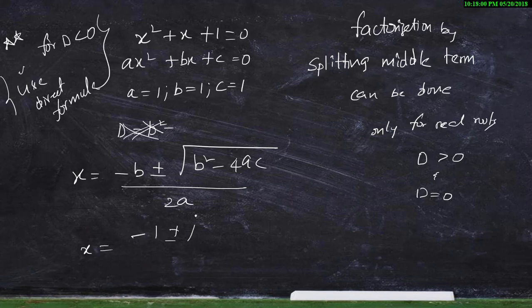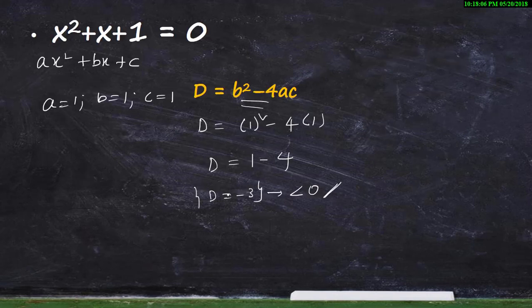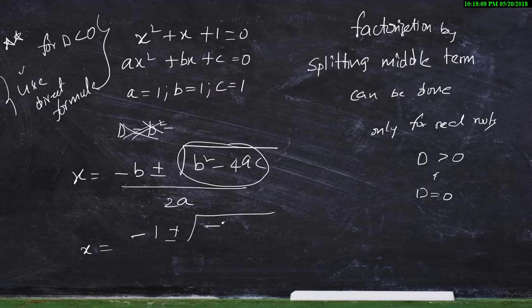Plus or minus root of b squared minus 4ac value, whole term. I think this value we already found here, -3, by 2 into 1. That means we are getting -1 plus or minus root of -3 by 2, which is not a real root.